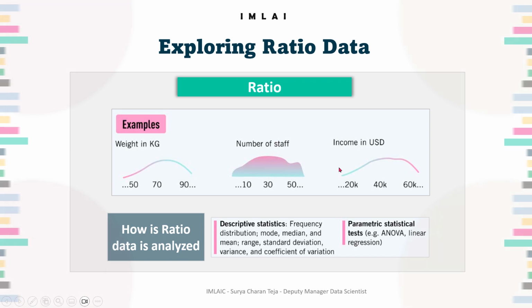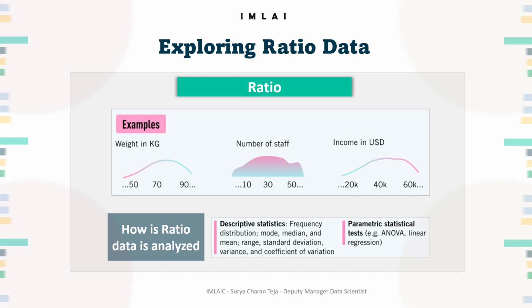So these are the descriptive statistics that we can use to analyze ratio data. Then on the right side we have statistical tests for analyzing ratio data. As with interval data, you can use both parametric and non-parametric tests.